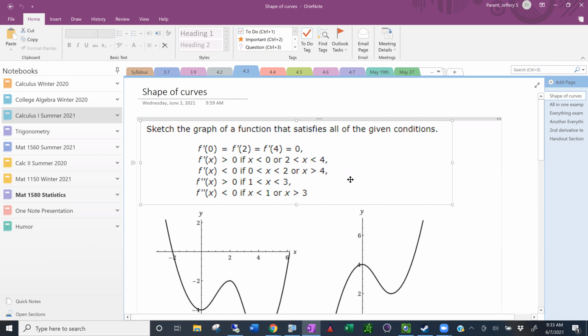Well, let's start out with the fact that they're telling us that the derivative is equal to 0 at certain points. So that means there's going to be mins or maxes at these points. I'll call this maybe example B. And we'll organize the information that we see a little bit more.